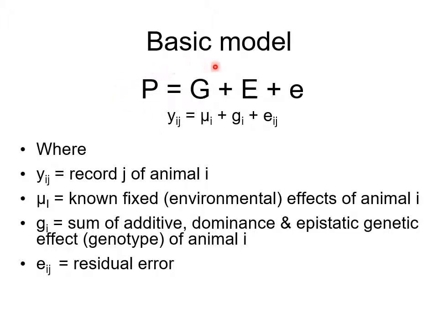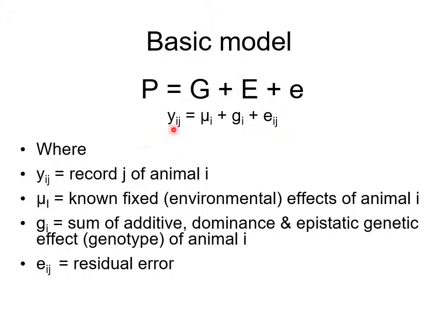So this is the most fundamental equation in animal breeding, and basically describes all variation that one observes in nature amongst living organisms. One can also rewrite that: y equals mu, that is the environmental effect or the average effect of the environment, plus the genetic effects of animal I, plus the residual error or those unknowns that we don't know.